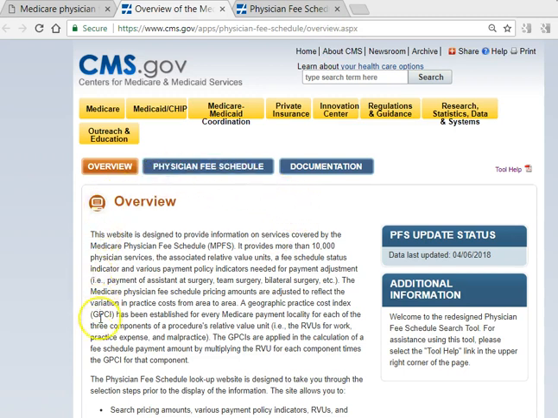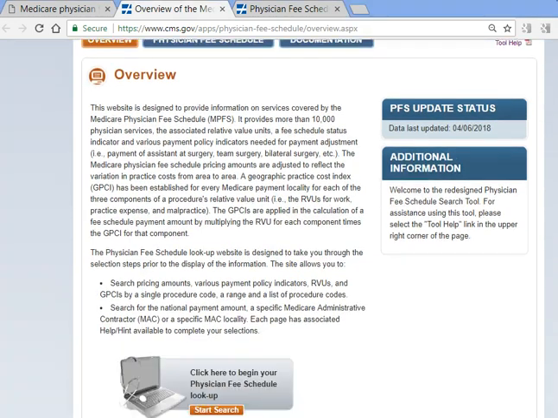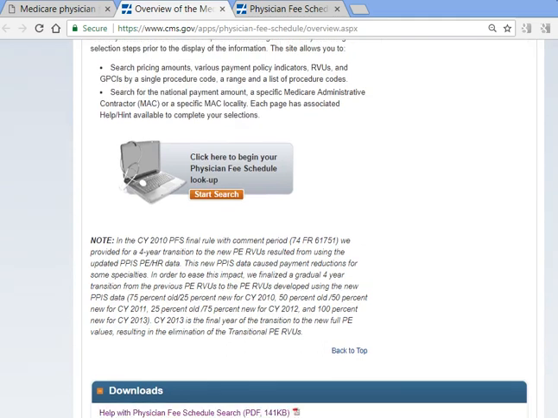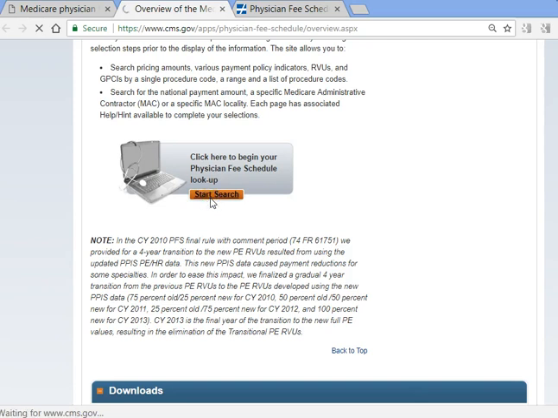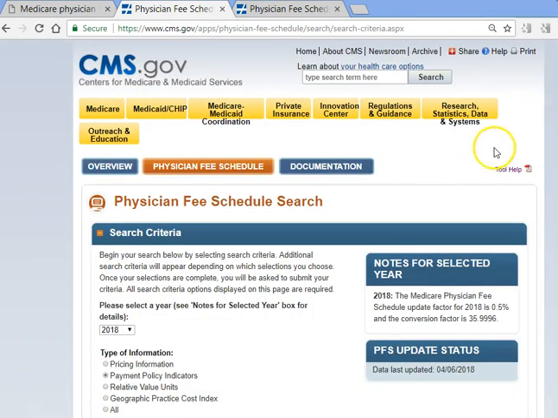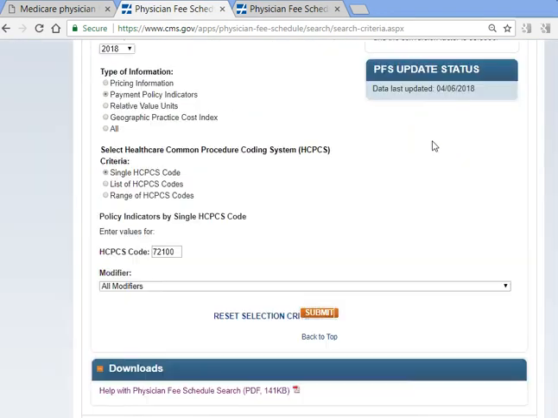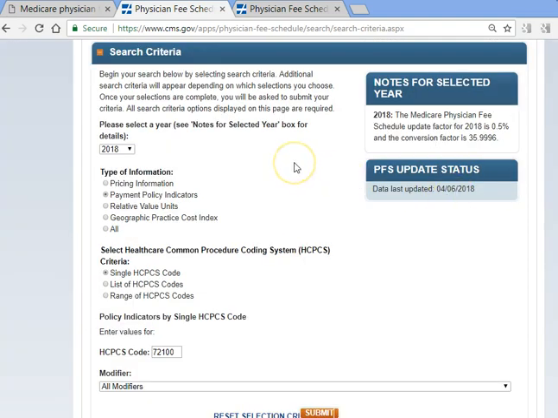And this tells you what the physician fee schedule is and the parts of it. In order to use it, we have to actually click on this Start Search. This takes us to the search criteria.